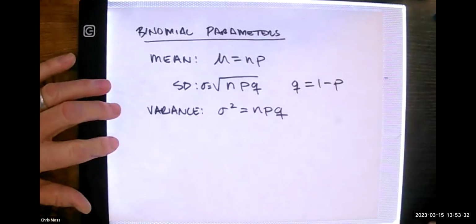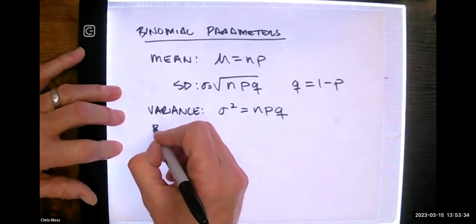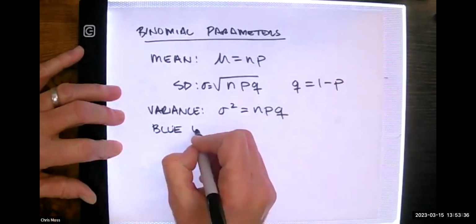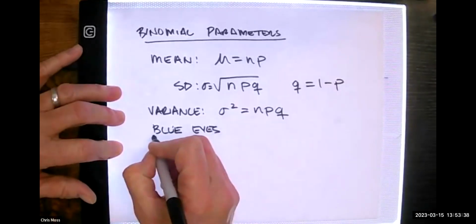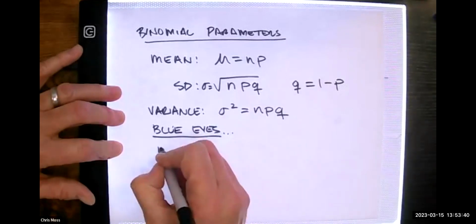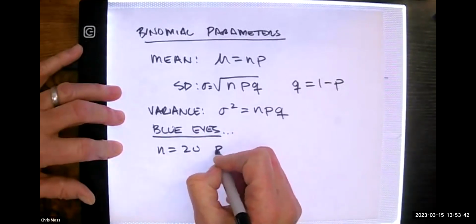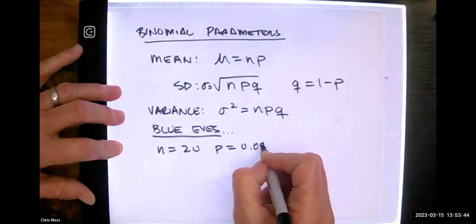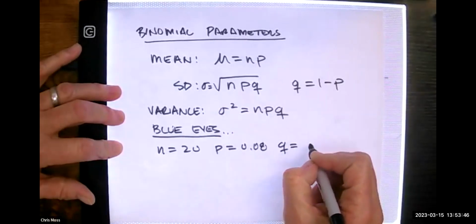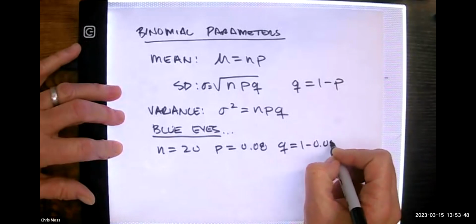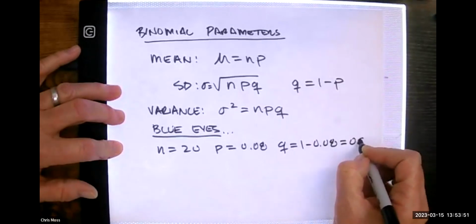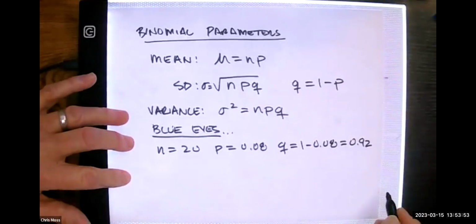So for the blue eyes problem, n was equal to 20, p was 0.08. That means q is 1 minus 0.08, or 0.92.